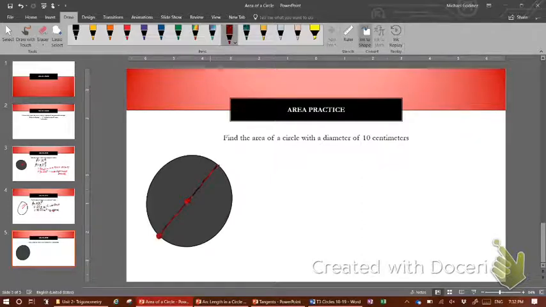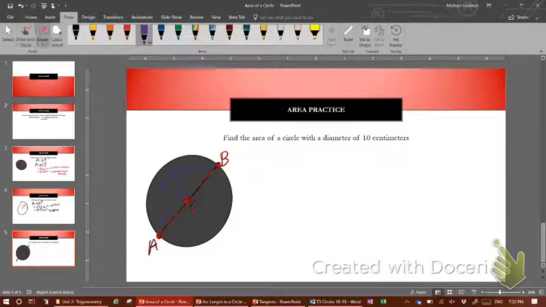So we've got 2 points on the outside, let's call them A and B, and we have the center of our circle, we could call that C. And the diameter is this measurement, 10 centimeters here.